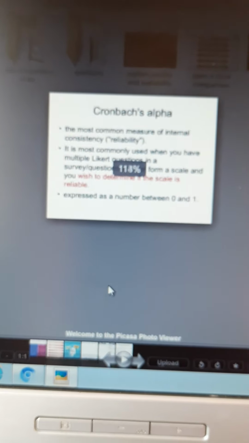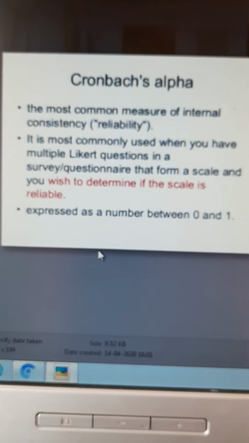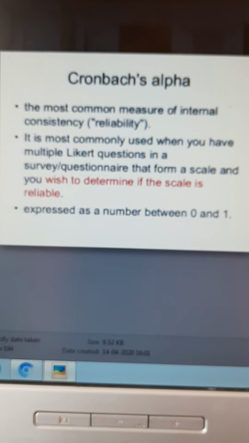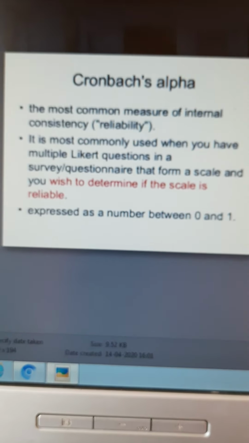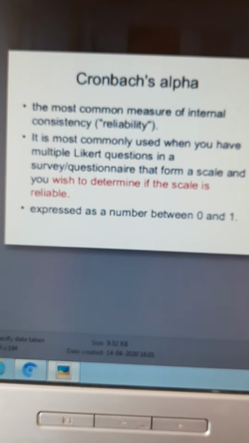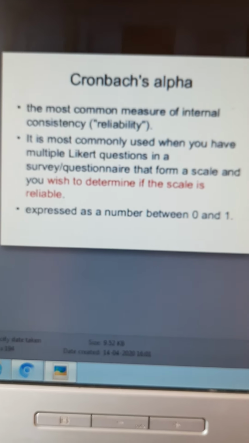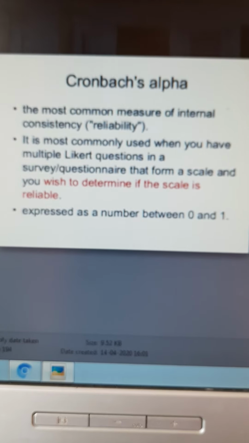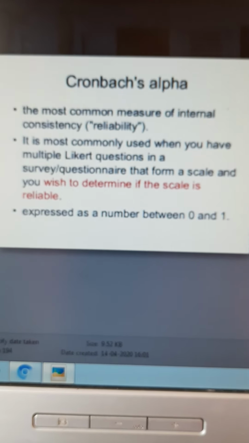So what is Cronbach alpha? Cronbach alpha is a measurement for internal consistency reliability. Okay. So if it is reliable, then you should have a score of 0.7 and above. Then it is a reliable instrument, reliable questionnaire.